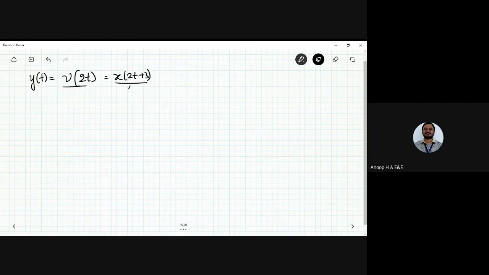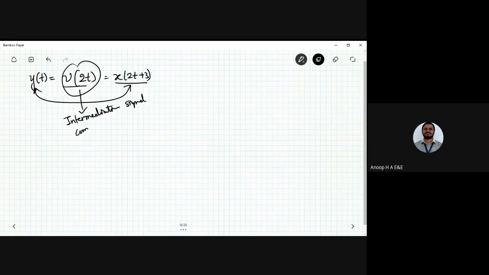Again, it is the same signal that I need to verify, but I'll have this one as the intermediate signal, which is v of t.